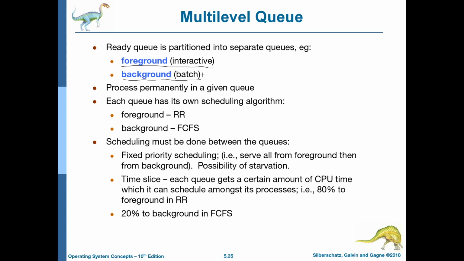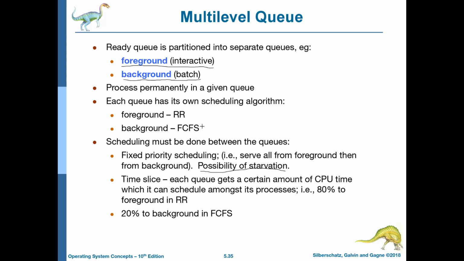They can run anytime. But in this particular type of system, if we constantly have jobs in the foreground queue, then that causes starvation in any of the lower queues, such as the background queue. We call this fixed priority scheduling, that we have everything done first in an upper queue before it goes to a lower queue.